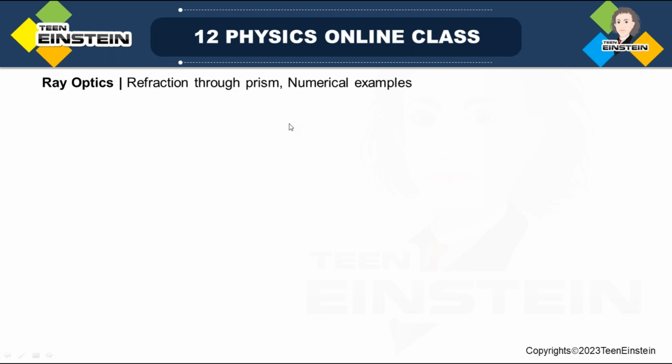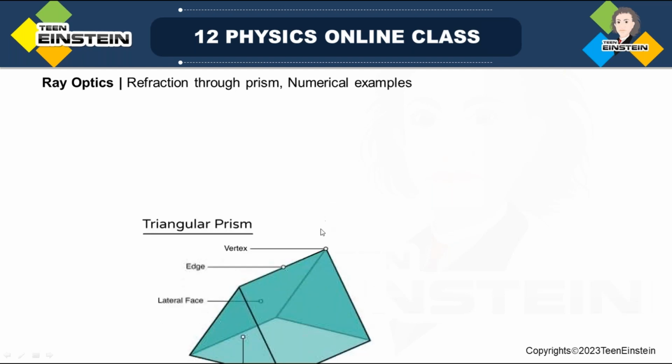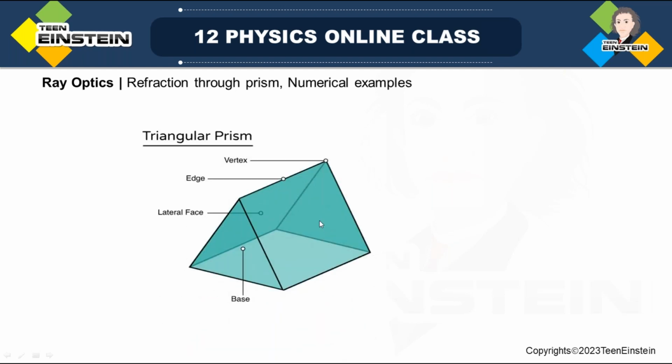Refraction through prism. Before we go to the topic, let us learn what a prism is. A prism is a portion of a transparent refracting medium bounded by two plane faces inclined to each other.